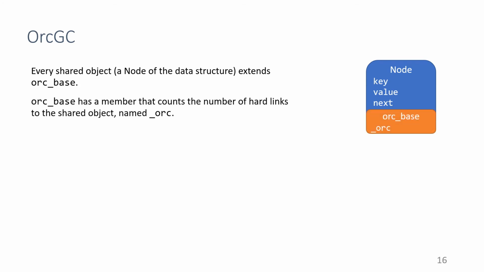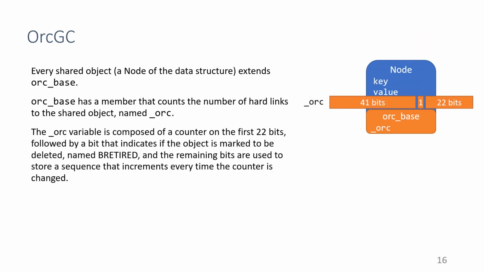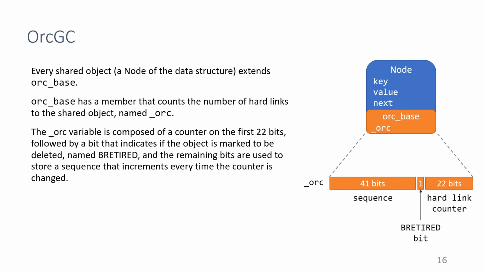OrcBase has a member _orc, and that's the variable that keeps the counter. _orc is composed of the first 22 bits, where the counter is kept, after the 1 bit that indicates if the object is marked to be deleted, so if the object is retired, named be retired, and the remaining bits is where the sequence is stored, and the sequence changes every time the counter, the first 22 bits, changes.